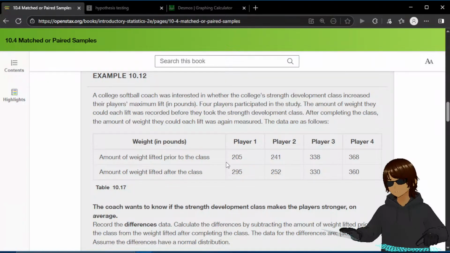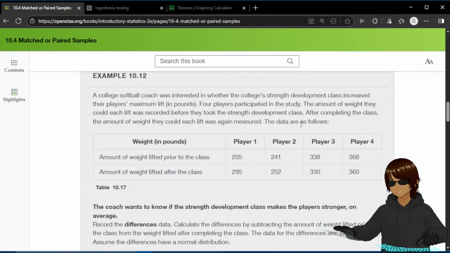A college softball coach was interested in whether the college's strength development class increased their players' maximum lift in pounds. Four players participated in the study. The amount of weight they could each lift was recorded before they took the strength development class. After completing the class, the amount of weight they could each lift was once again measured.